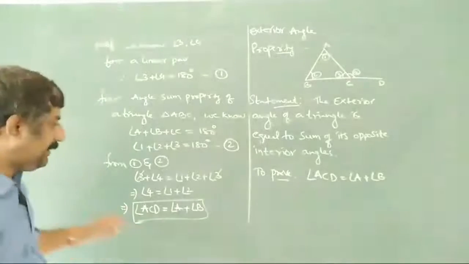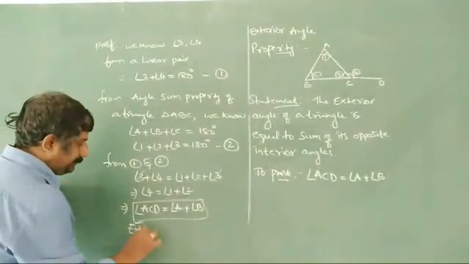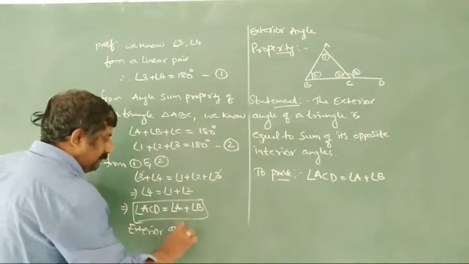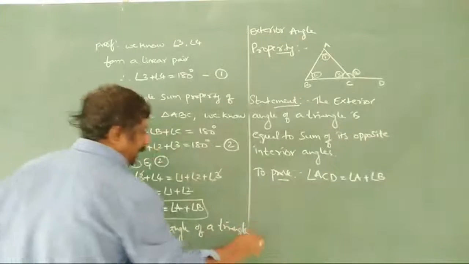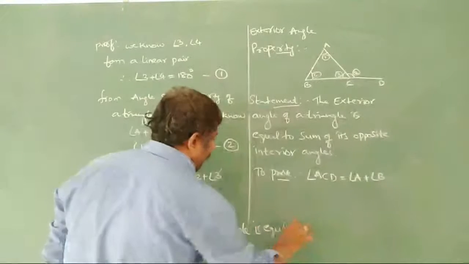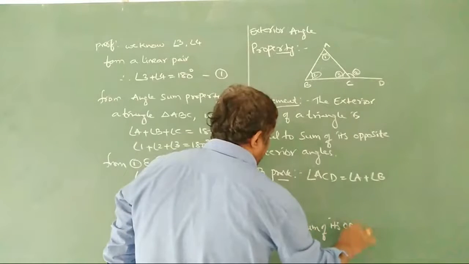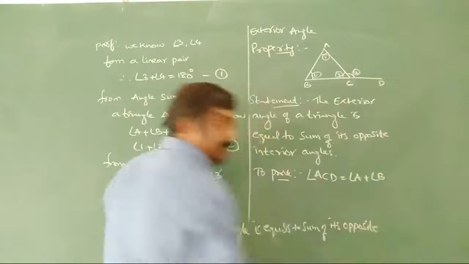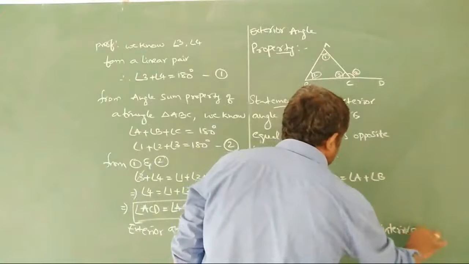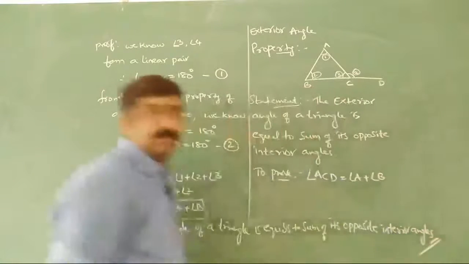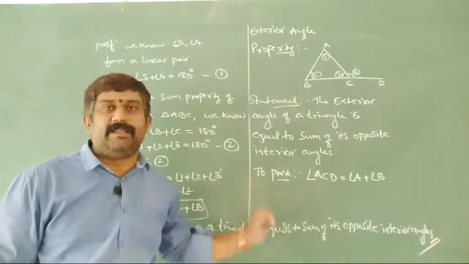If you want to write, once again you can write here: the exterior angle of a triangle is equal to the sum of its opposite interior angles.